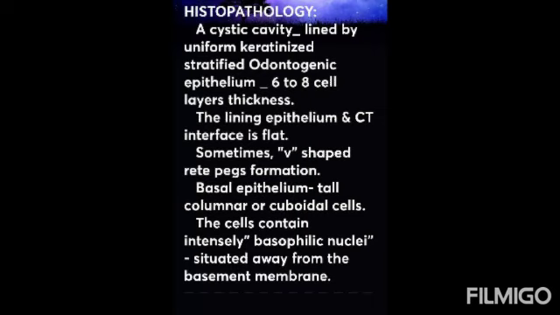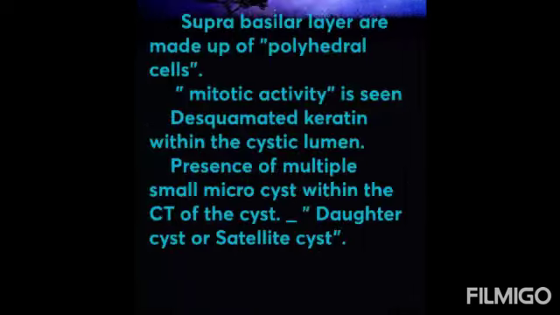In the basal epithelium, tall columnar cells or cuboidal cells are present. The cells contain intensely basophilic nuclei situated away from the basement membrane. It is called palisaded cells.